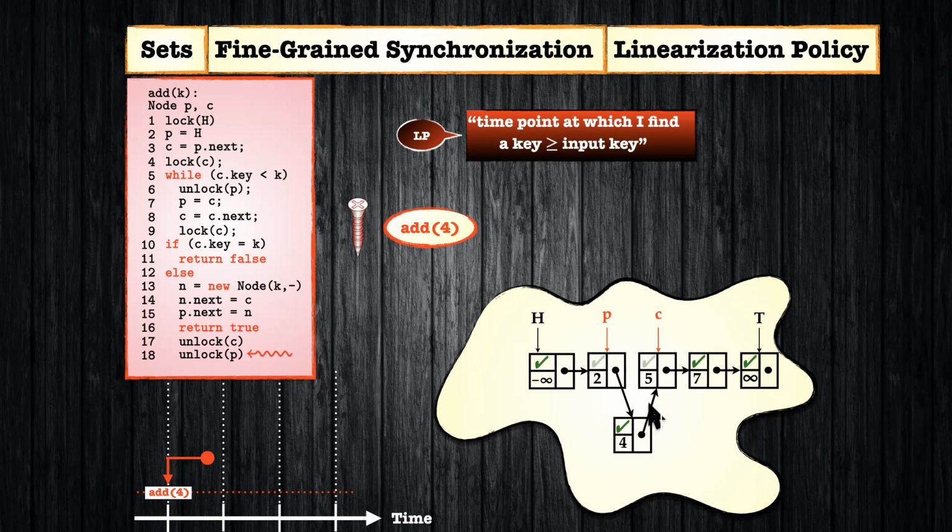Then I unlock, and now these cells can be accessed by the other threads, and my call will terminate. So I initiated the call, I linearized when and only when I found the right position to check, and then I returned when I finished the call. The call by itself overlaps these time points, but the linearization point was one particular instant in which I found exactly the position where to put my key.